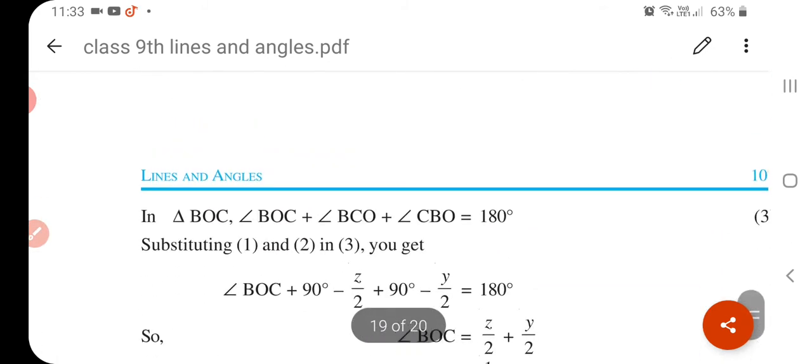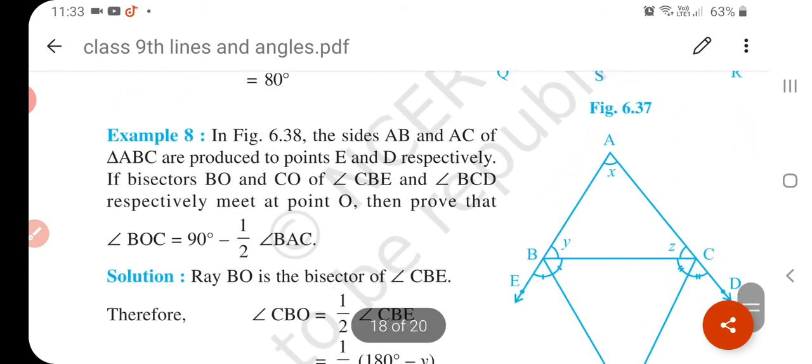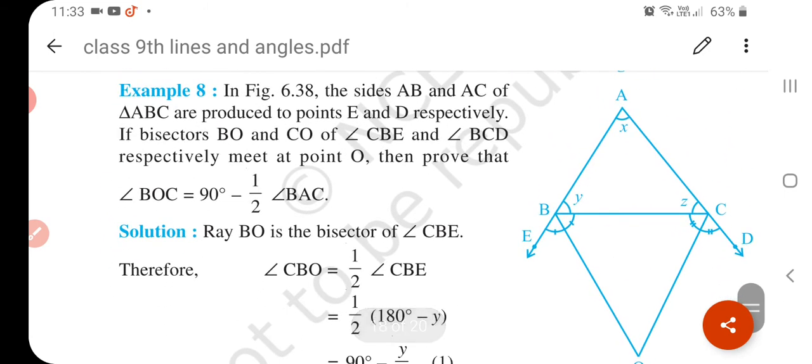Now let's do example number 8. In figure 6.38, the sides AB and AC of triangle ABC are produced to points E and D respectively.